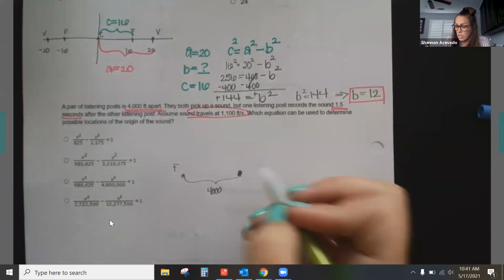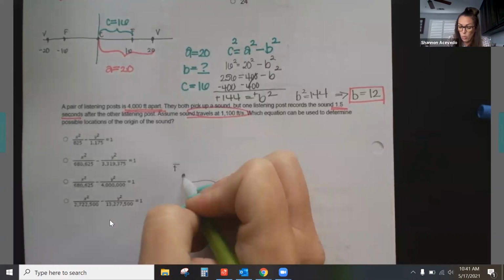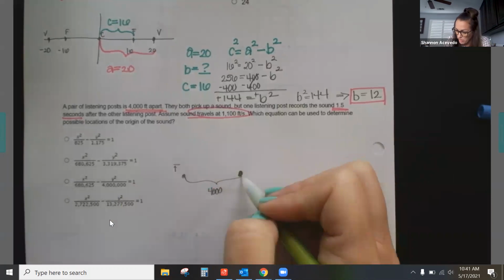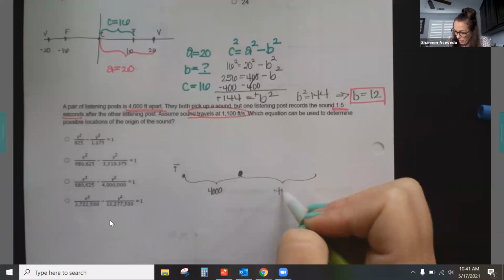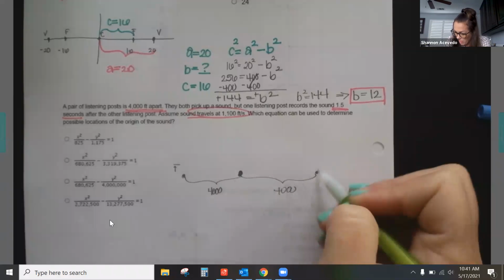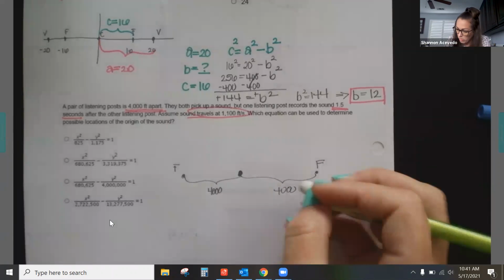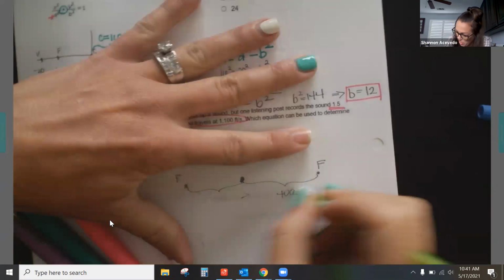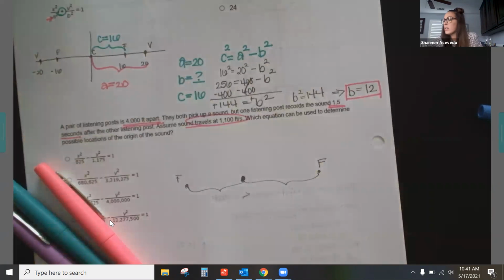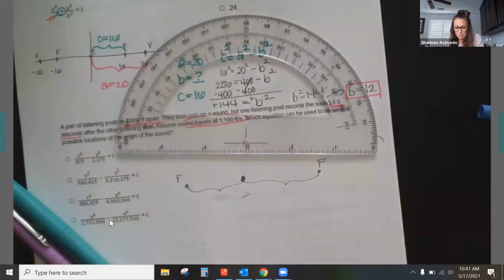So it's going to be 4,000 feet from my origin, or where I'm starting, to my post. So this is going to give me, well, wait, actually, let me rephrase that. Let me draw this, hold on. Let me get this a little bit better so we can see what's going on.